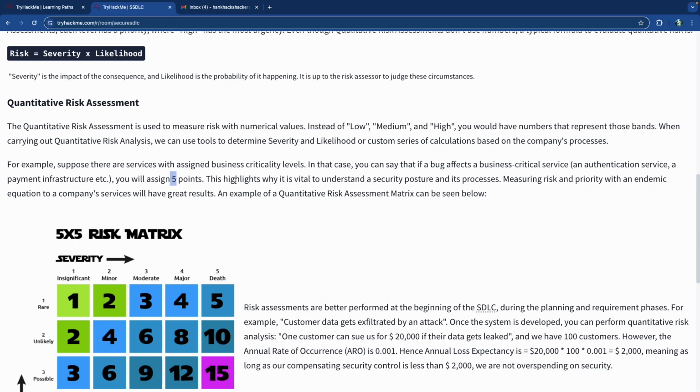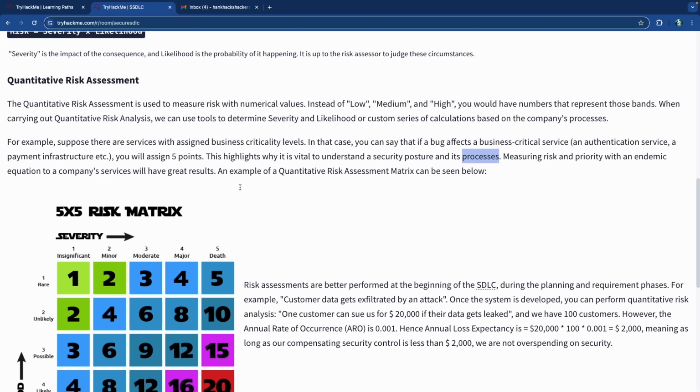And this highlights why it's vital to understand the posture of the company and the processes that they use, right? So if you know what different processes they use, and then you do your risk assessment and find out that, oh, our payment collection system is at risk, because you know that there's a payment collection system, you can actually make the proper judgments.